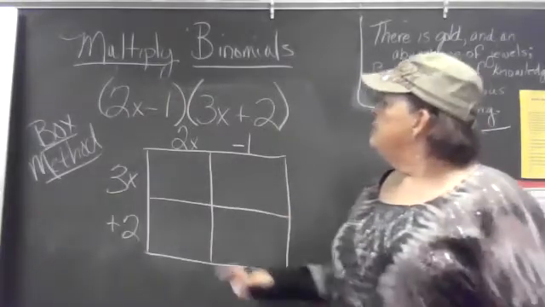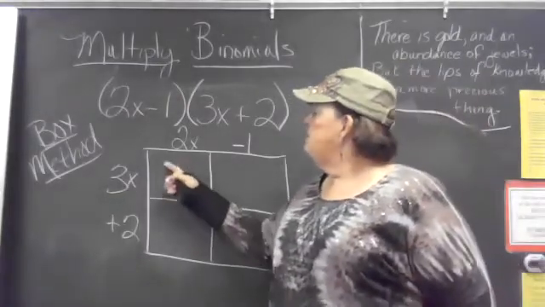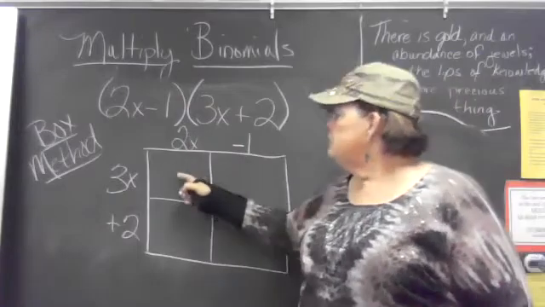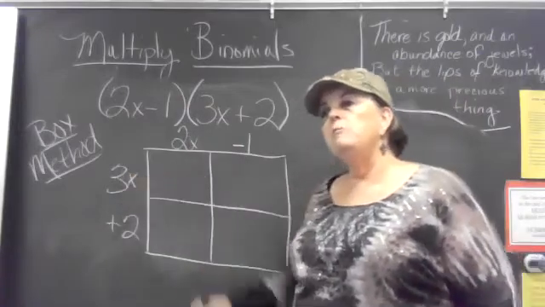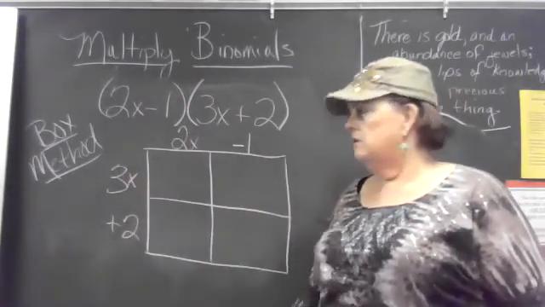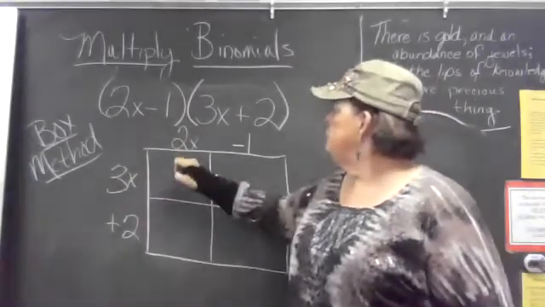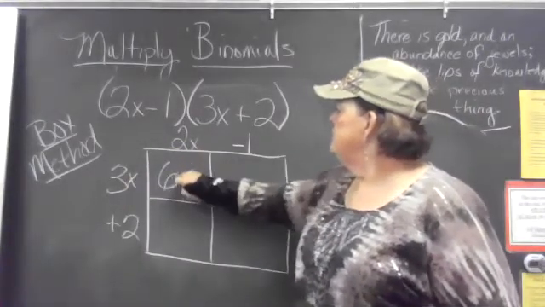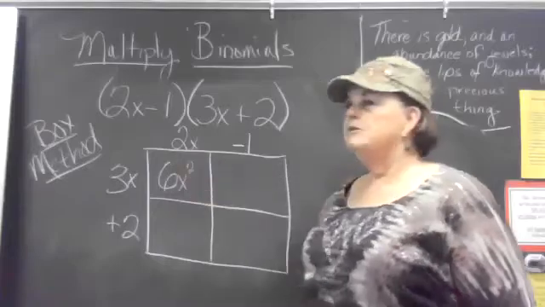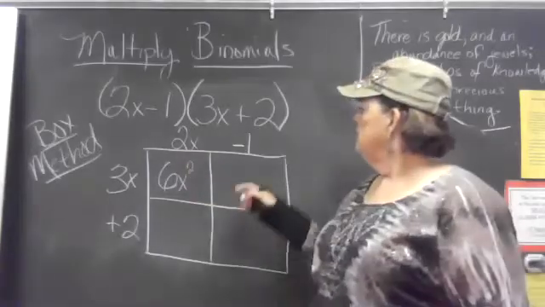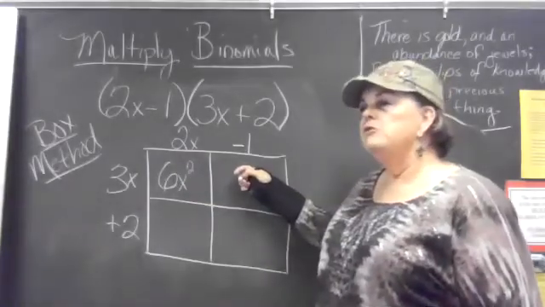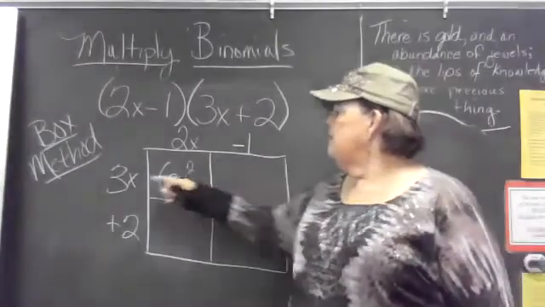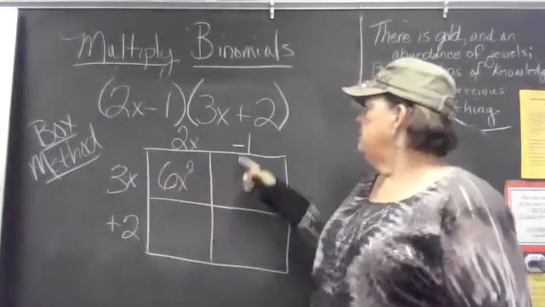And now the answer that goes in the box, you have to look up to the heading and to the side of the heading, and you're going to multiply those together. Yes, 3 times 2 is 6, and x squared. Y'all see? Then to find the answer for this box, you need to look to the side heading and the top heading.